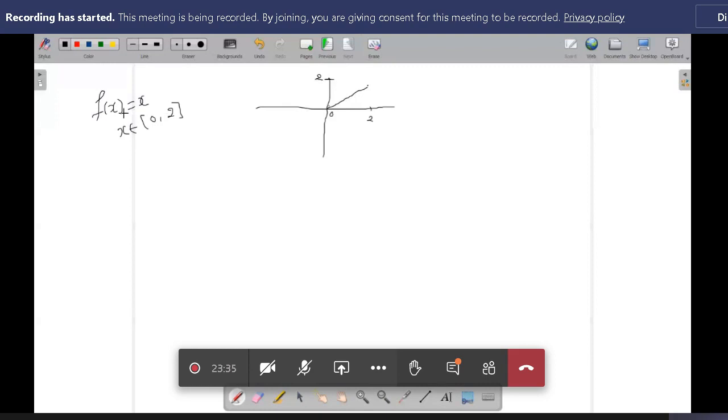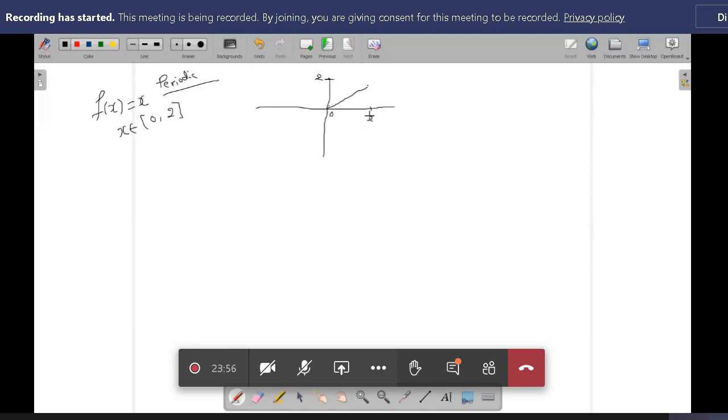So for this function, I can have it as a periodic function. Now I want to extend this with an even periodic extension.